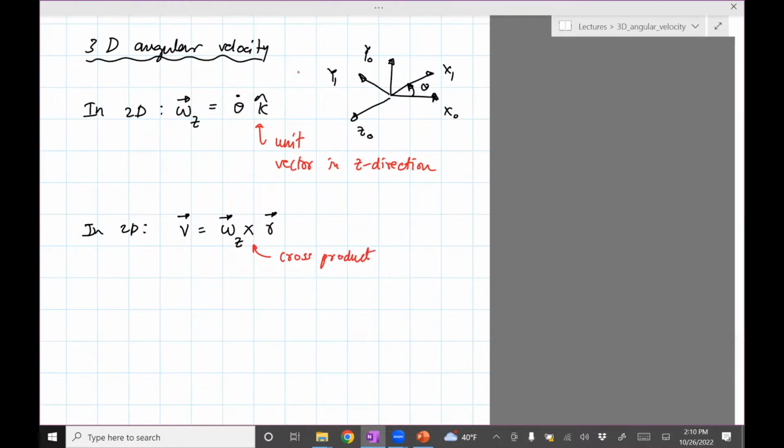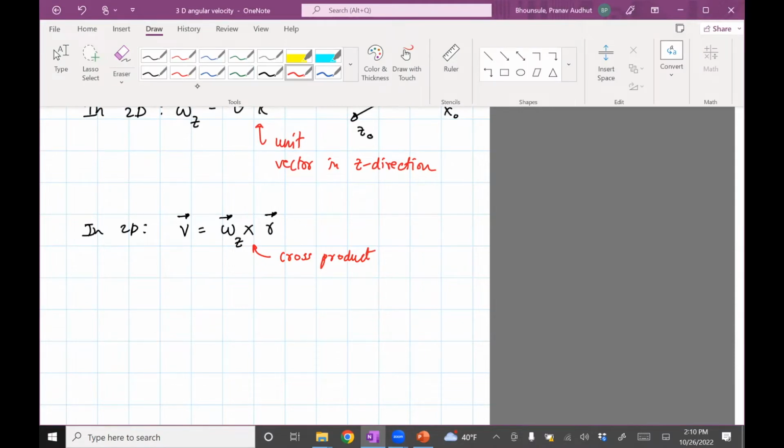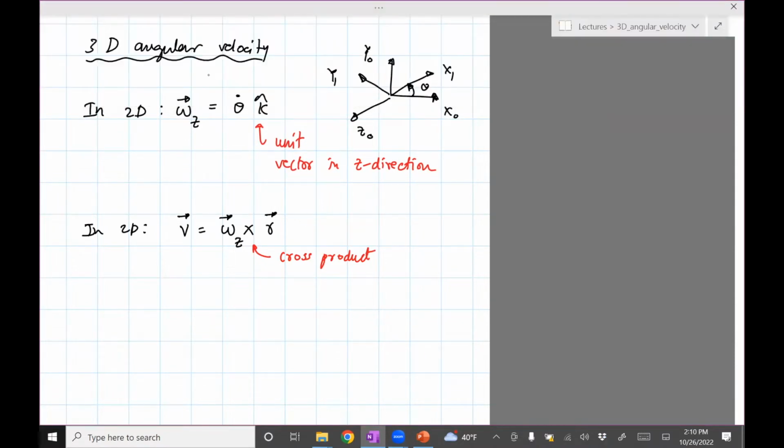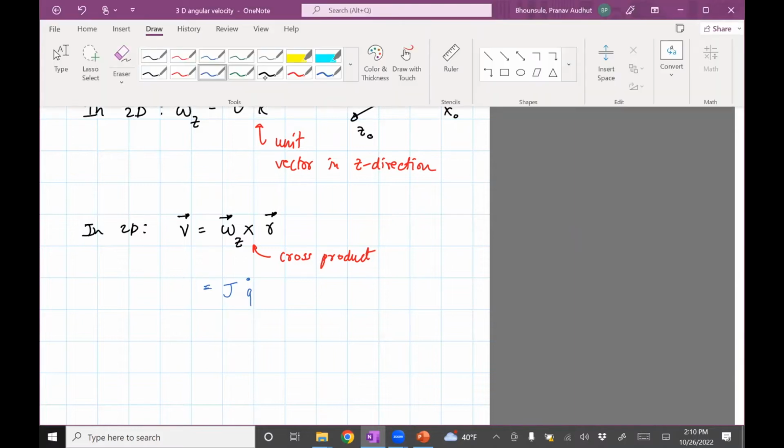In the case of 2D, what we actually did was not use the cross product, but we showed that it can be written as J, which is a Jacobian, times q dot. But these are the same things.